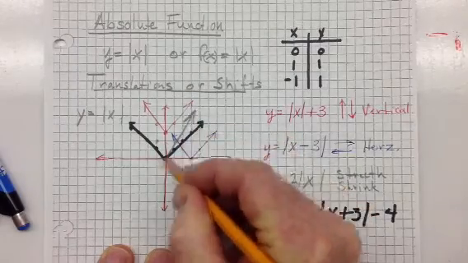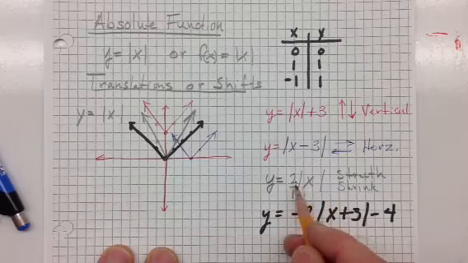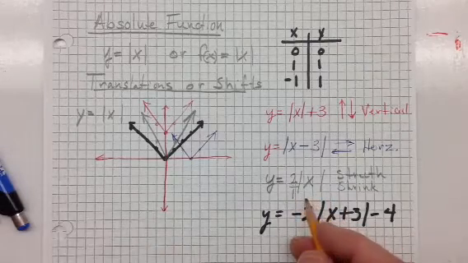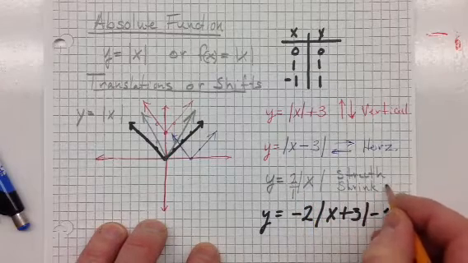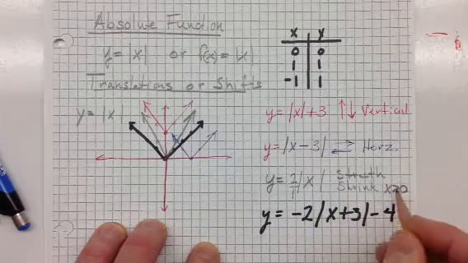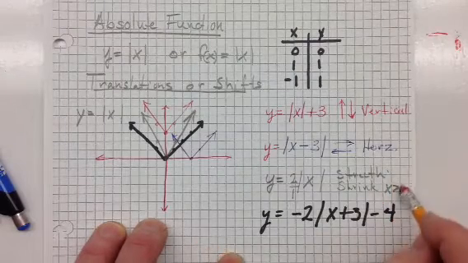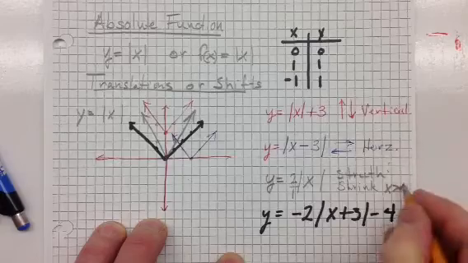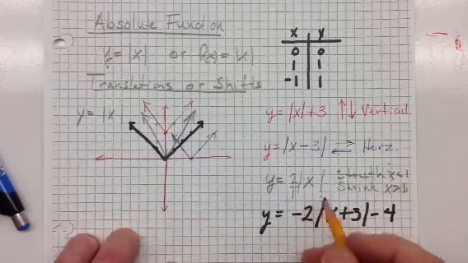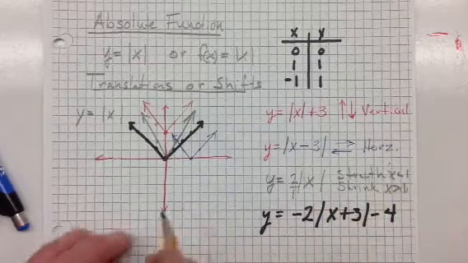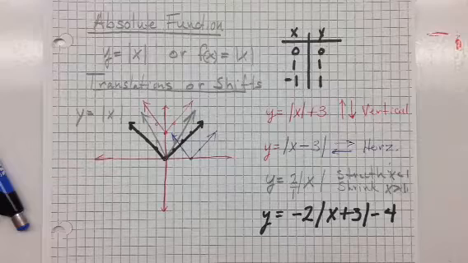So the graph is now going to be quite a bit steeper. And the bigger this number, obviously, the steeper this thing's going to get. And we refer to that as a shrink. When the number is greater than 1, it will shrink it. And when it is less than 1, it will stretch it, meaning make it a really wide graph.